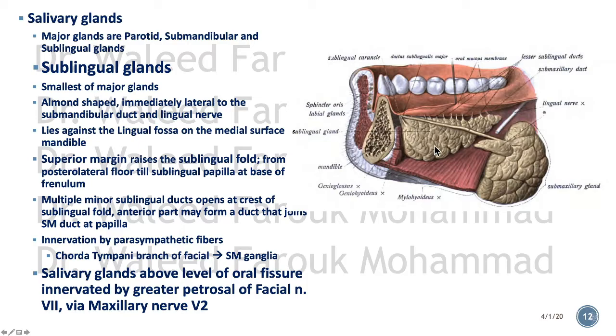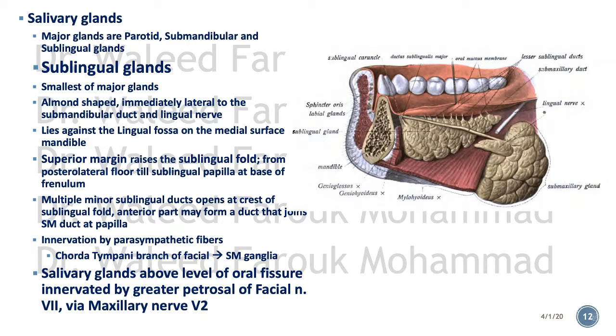The parasympathetic supply for this gland comes through the chorda tympani, through the lingual nerve, submandibular ganglion. Some of the filaments leave the ganglion and accompany the lingual nerve till it supplies the sublingual gland. Now, remember the rule.